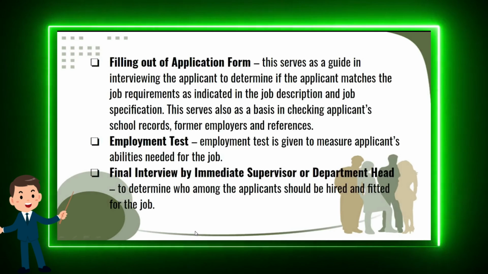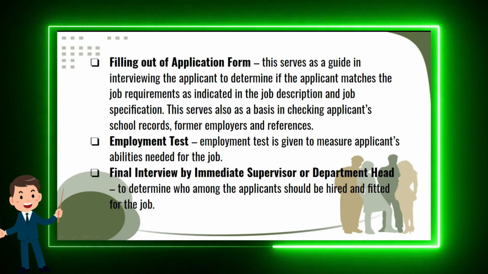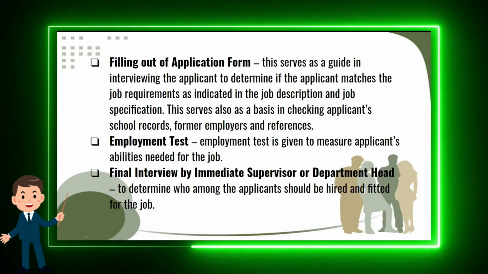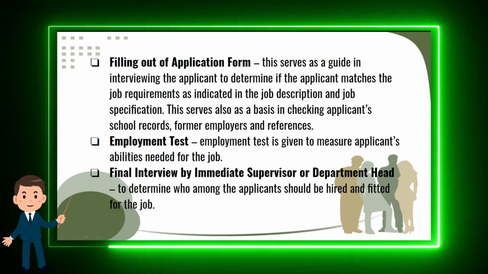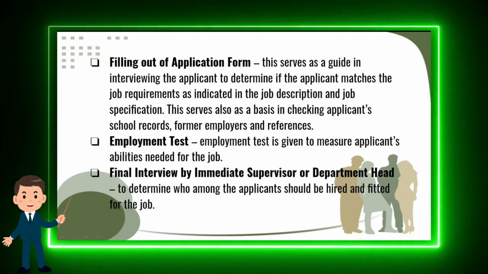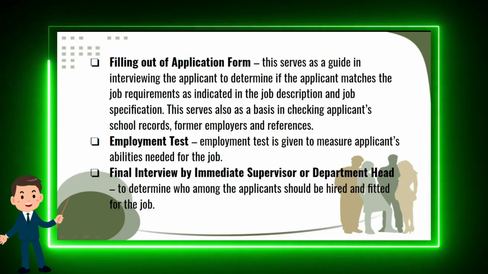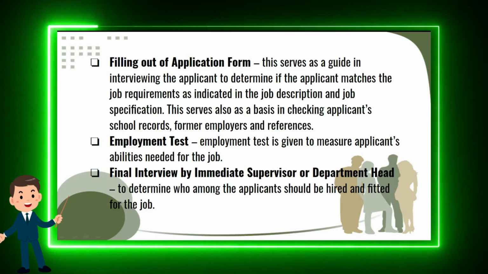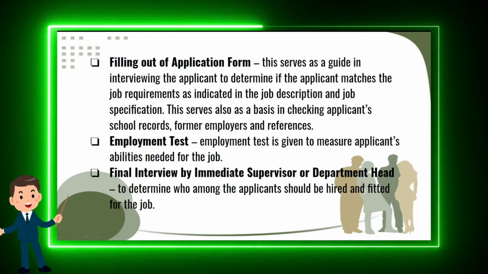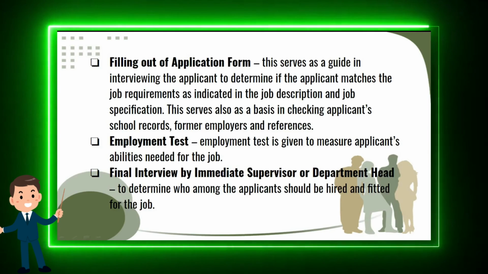Next, we have the filling out of the application form. This serves as a guide in interviewing the applicants to determine if the applicant matches the job requirements as indicated in the job description and job specification. It also serves as a basis in checking applicants' school records, former employers, and references.